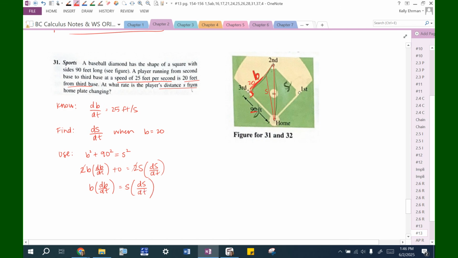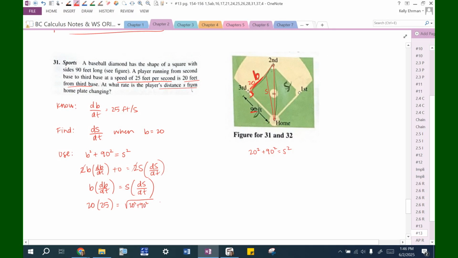And we're solving for dS/dt, so we know B is 20, dB/dt is 25. S is, oh, I haven't found S yet. 20 squared plus 90 squared equals S squared. So S is whatever the square root of 20 squared plus 90 squared is.